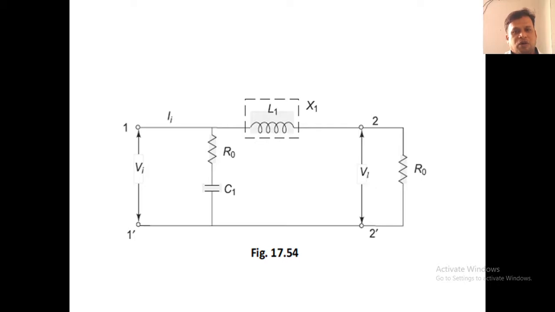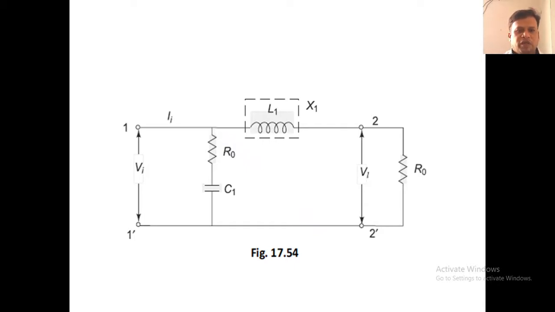What is R0? R0 is a load resistance. Here we have L1 with reactance x1, which is an inductive reactance. So, here L1 and R0 C1 are in parallel. R0 C1 is a series connection, and L1 and R0 C1 are connected in parallel from this point.